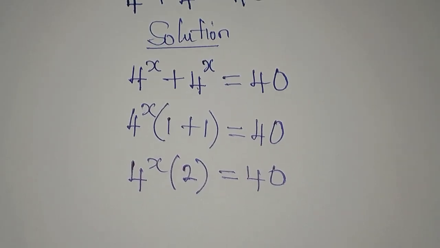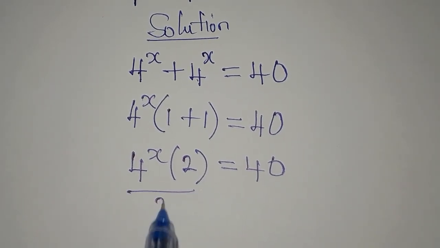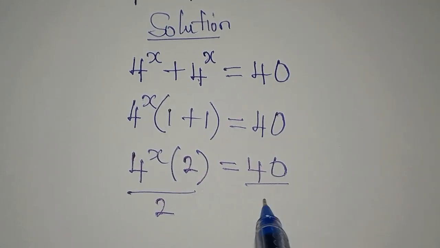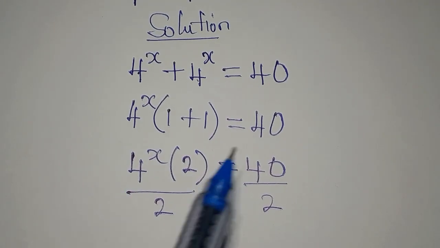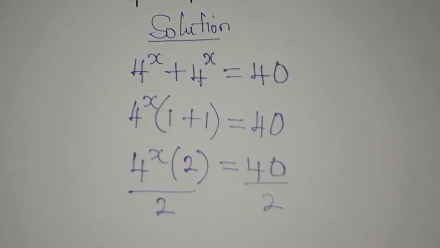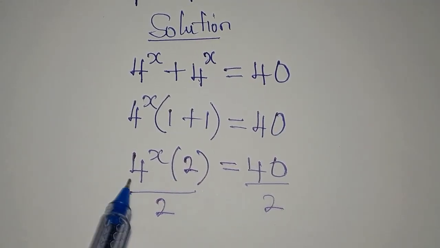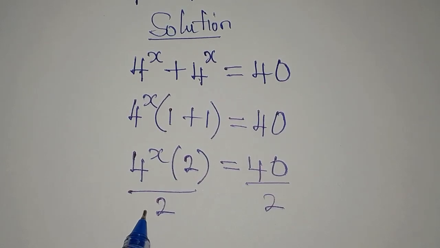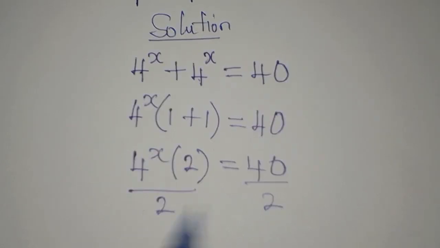Now, the next step is to divide both sides by 2. Since we are multiplying 4 to the power of x and 2, we consider them the same term, okay? So don't divide 4 to the power of x by 2 and then divide 2 again by 2.